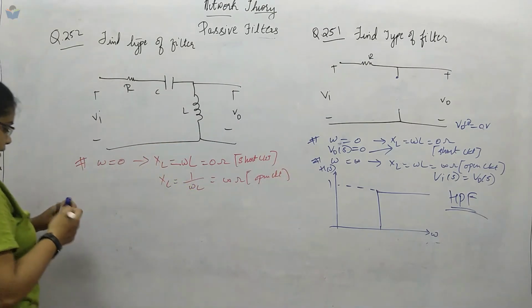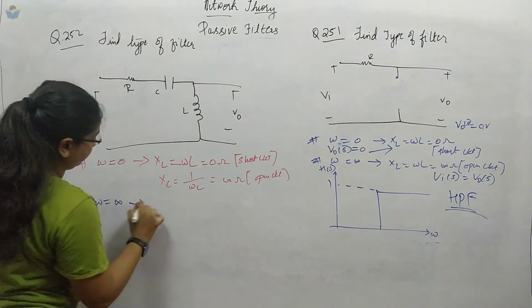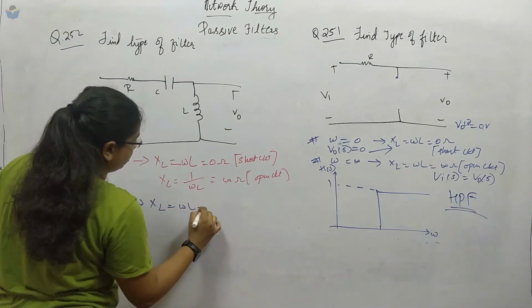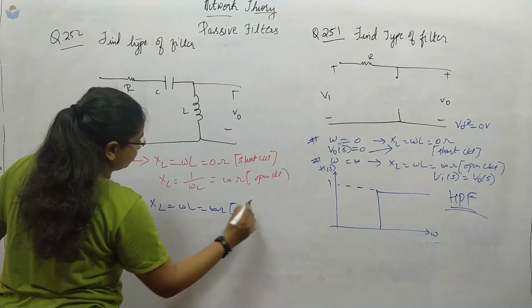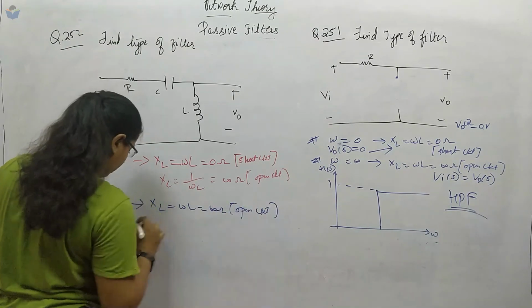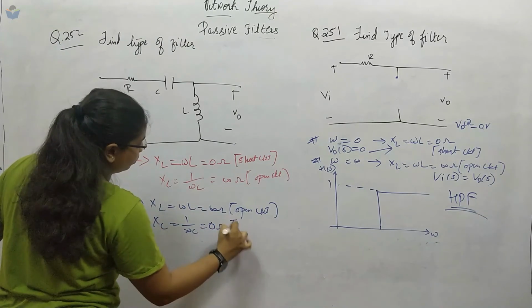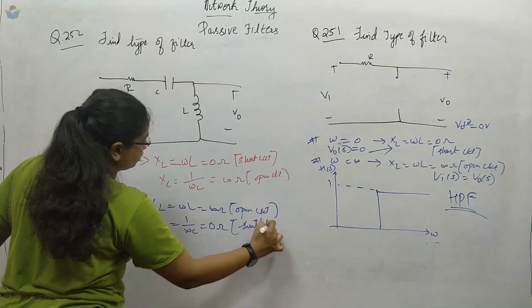Next, for omega equal to infinite, XL is equal to infinite ohm, so it is open circuit. Next, XC is equal to 1 upon omega C, we have 0 ohms, so it is short circuit.